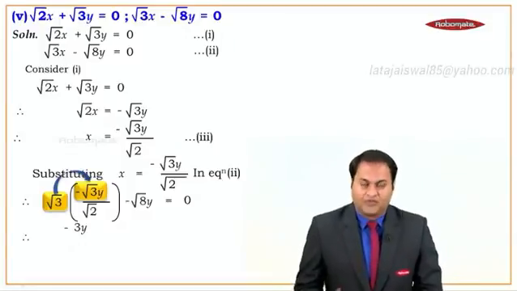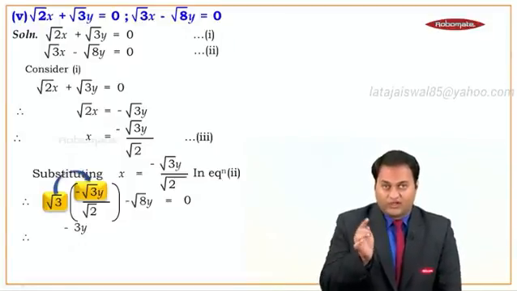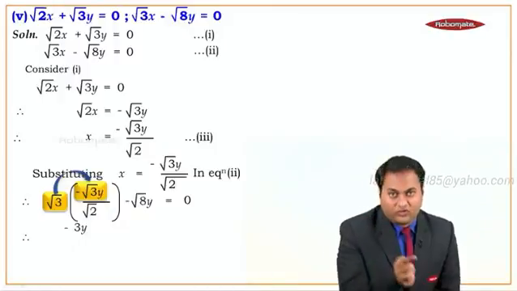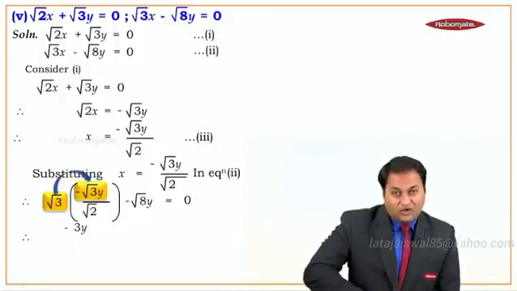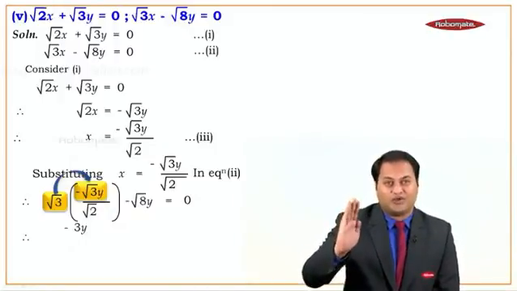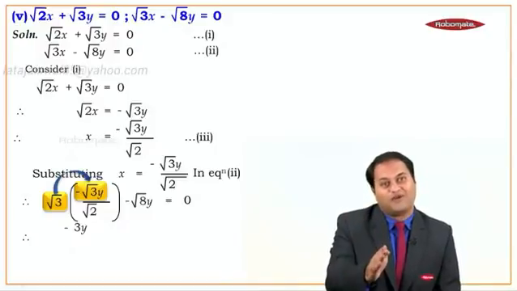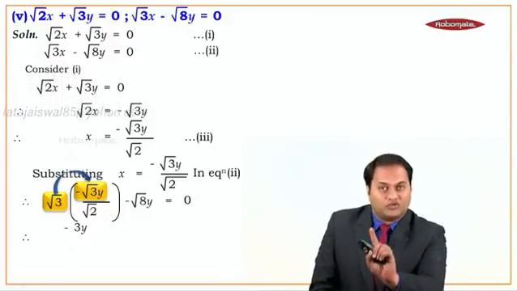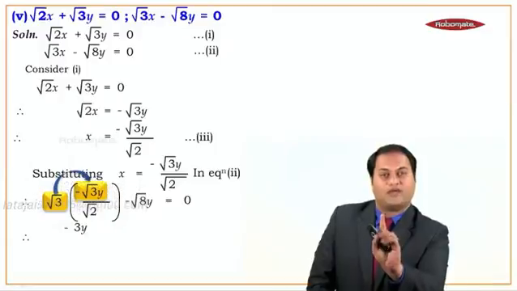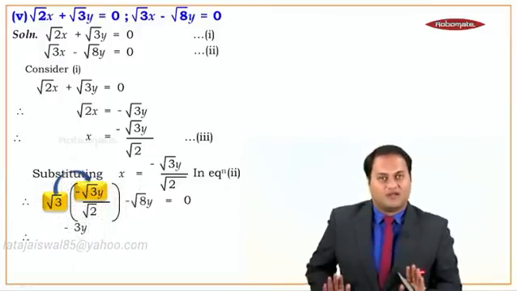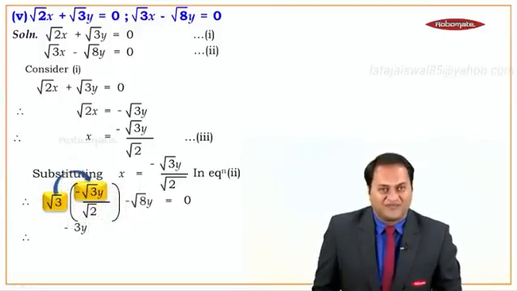This is clear? One mistake that you all can make here, don't multiply that root 3 with root 2 also, because root 2 is in the denominator and root 3 is in the numerator. So, numerator will only get multiplied with the numerator. So, root 3 will only get multiplied with minus root 3 and you get minus 3. Clear? Root 3 into root 3 is 3.